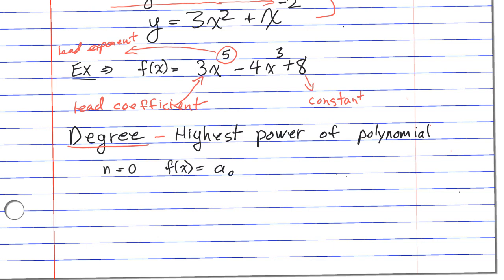So you've seen n equals 0, where f(x) is equal to a number, right? We call this the constant function. For n equals 1, you have something that looks like this. f(x) is equal to a1x plus a0. You know this as a linear function.